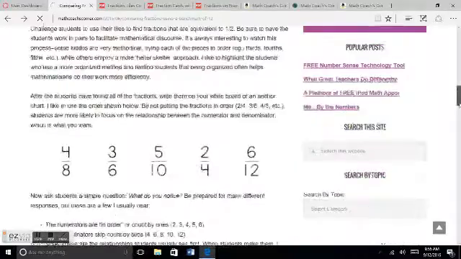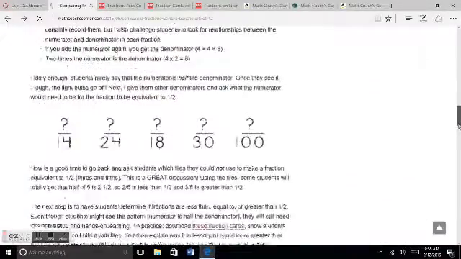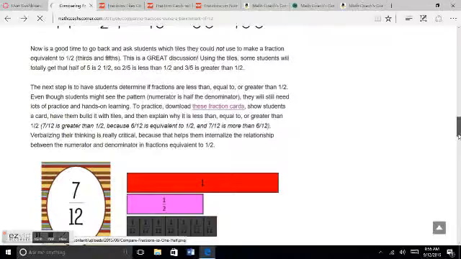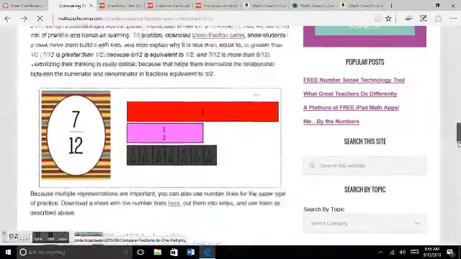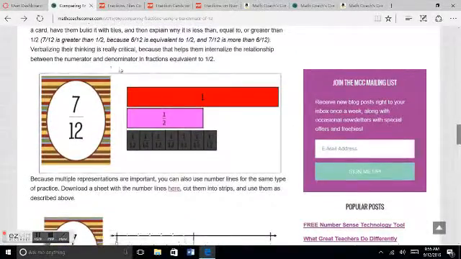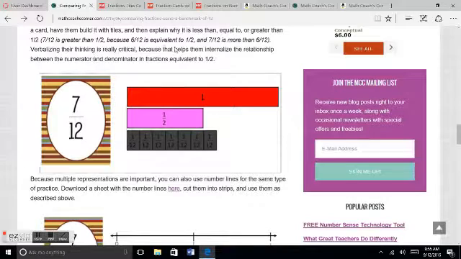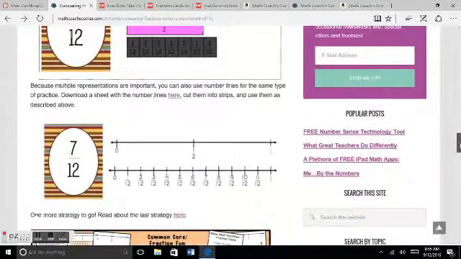So for this activity, you show them the card, you have them build it, and then you have them verbalize their thinking. It says that verbalizing their thinking is really critical because it helps them internalize the relationship between the numerator and the denominator when fractions equal 1/2.